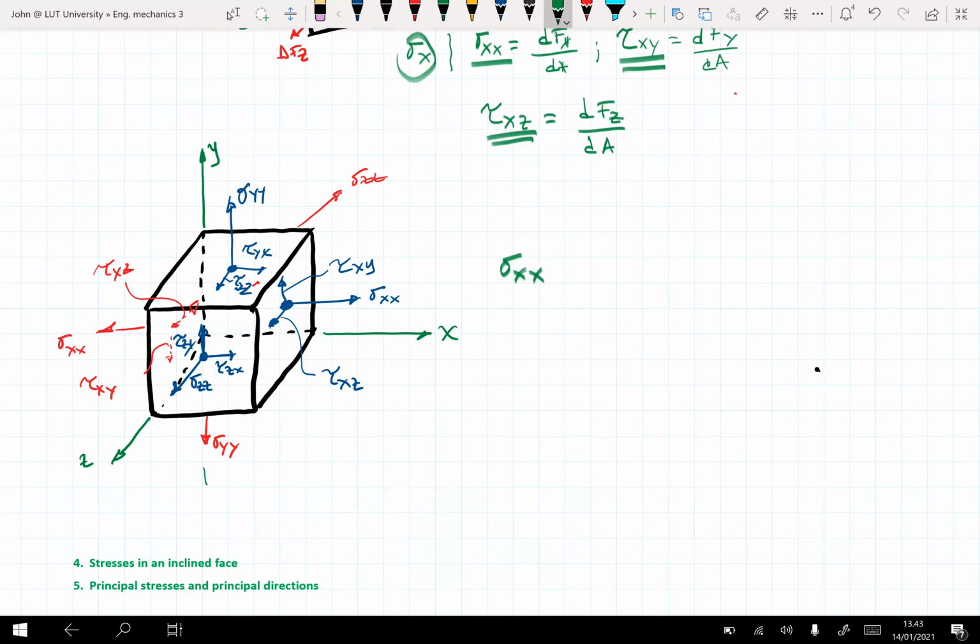The first one is going to be the applied face, so where the stress is applied. And the second one is going to be the pointing axis.